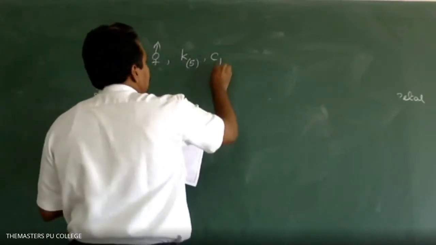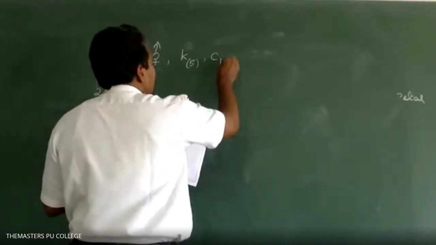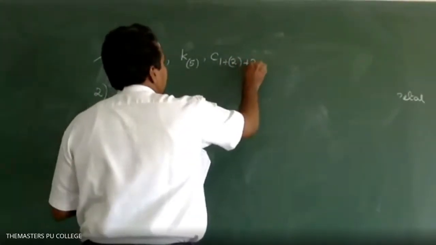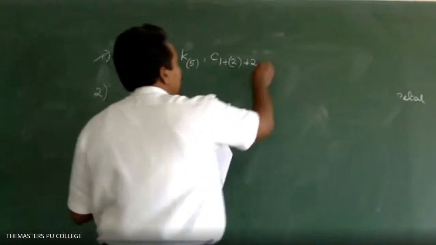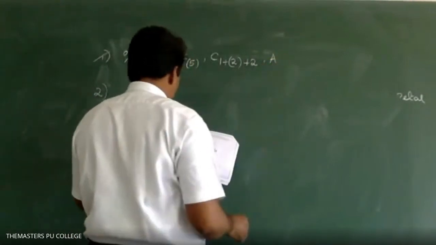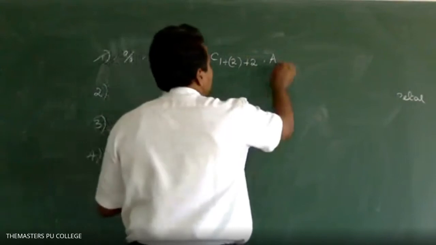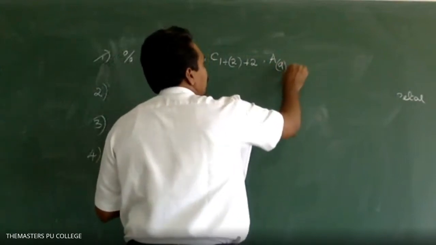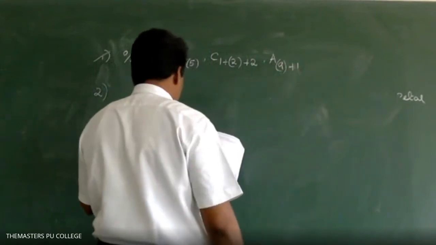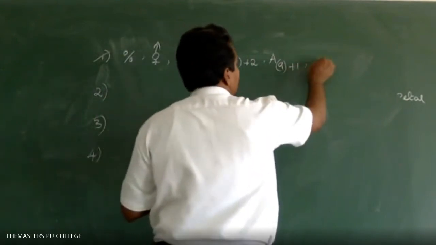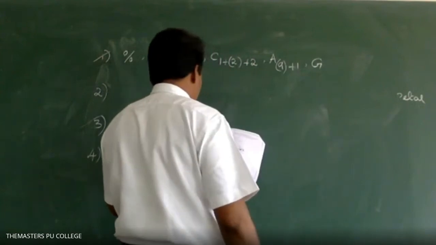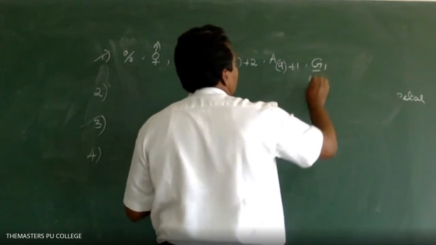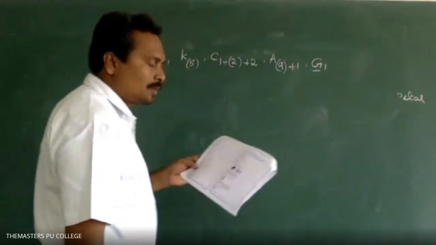Among the 5, one is free, 2 petals are fused, 2 are free. Androecium consists of 10 stamens. Among the 10, 9 are fused. The remaining one is free, 9 plus 1. Gynoecium consists of 1 carpel. Hypogynous flower. Ovary is superior.